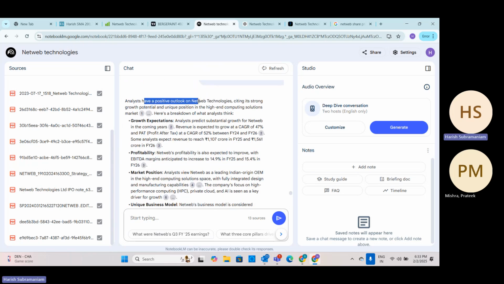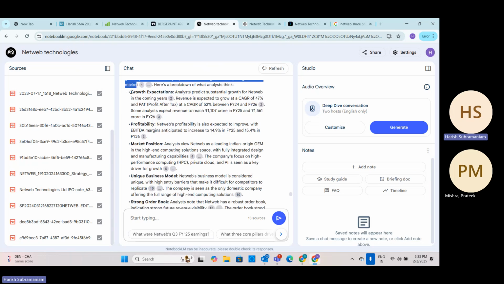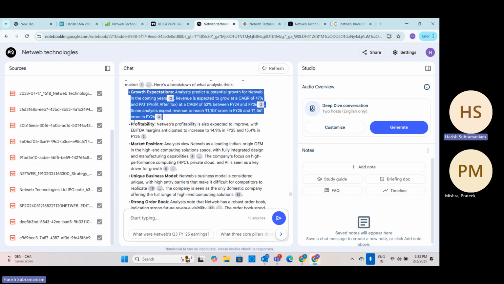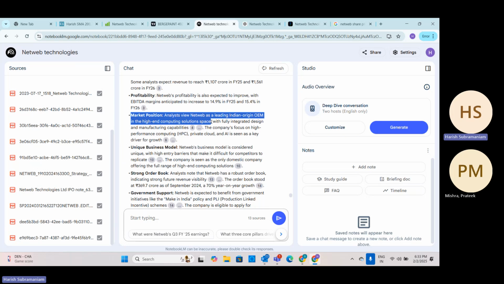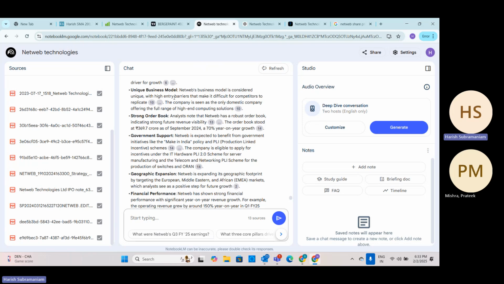Analysts have a positive outlook, citing its strong growth potential and unique position in the high-end supercomputing market. Very good growth expectation. We have seen that. Very good profitability. It's a leading Indian original equipment manufacturer in the high-end computing space. Right. It has a very good, unique model.